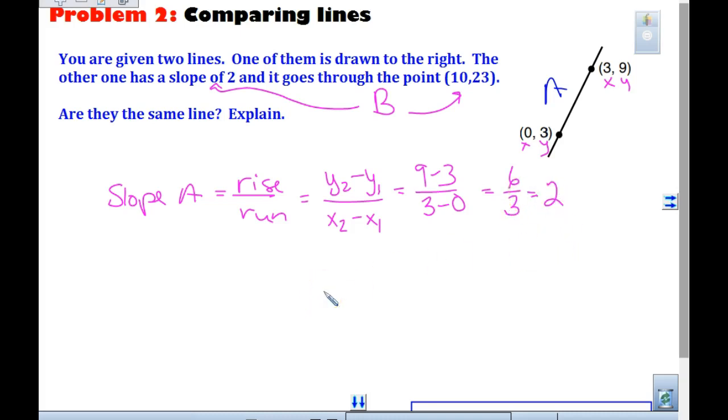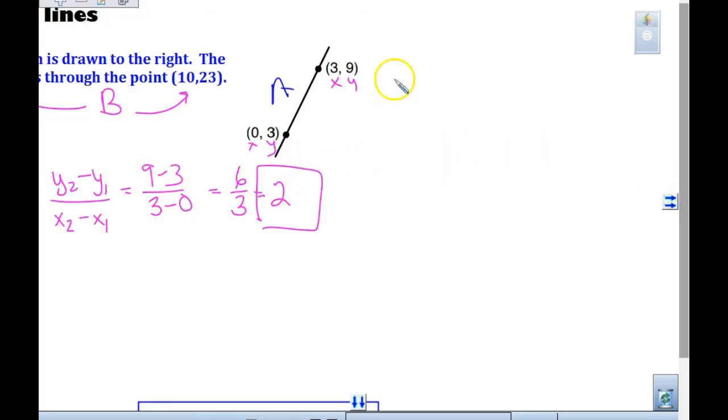So the question is, are these two going to be the same line? They both have a slope of 2. And it tells us that it already goes through way up here. If I was going to plot this, it would go through the point 10, going way over to 10 and up 23.